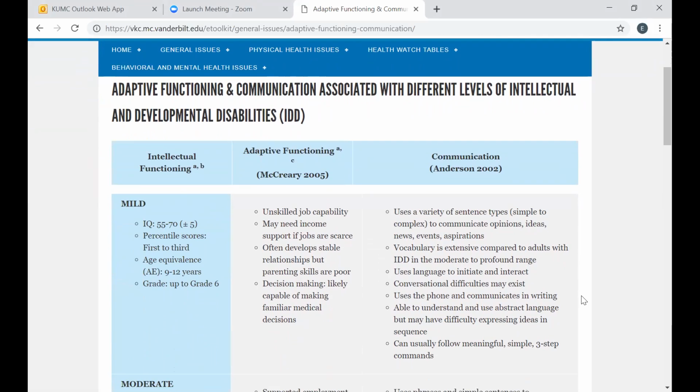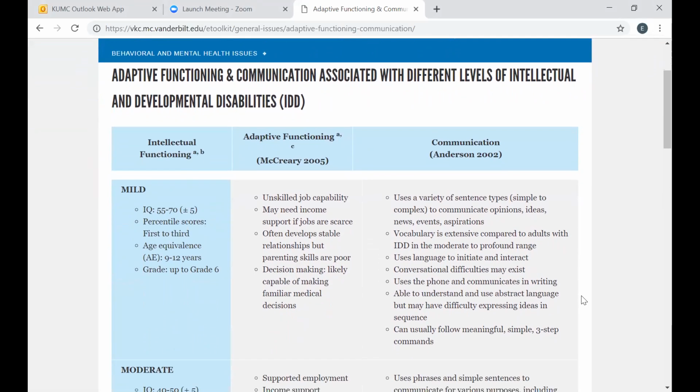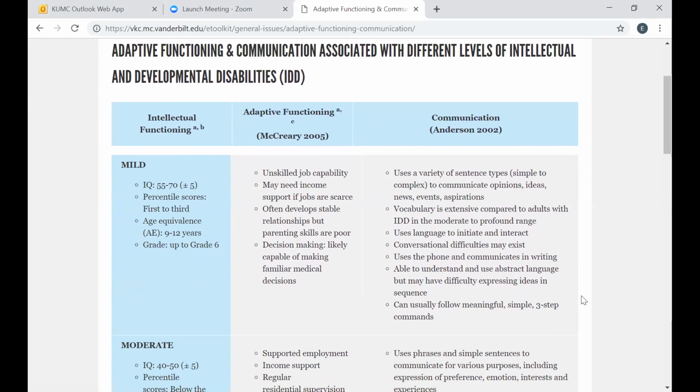And the adaptive functioning are the skills that someone might have to help them handle common things that happen in everyday life. So if someone's IQ is 55 to 70, they might need some income support. They might be able to make their own decisions depending on the situation. Then it also gives suggestions on how to communicate maybe more effectively with this individual.